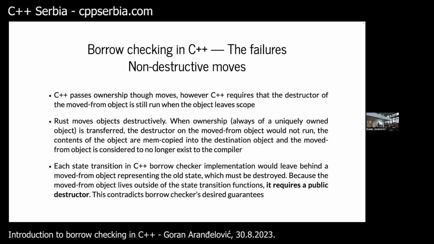Because a destructor is needed for the moved from object to be called, it needs to be public, okay? That violates the previous condition that we mentioned, that we want to have private destructors in order to be able to control state transition. And that is, let's say, one of the clashes why we cannot implement it so easily.